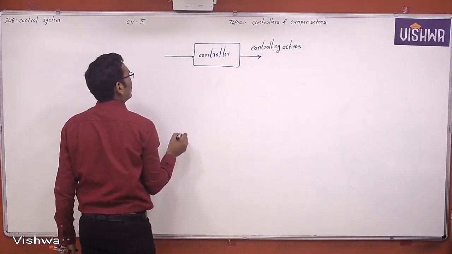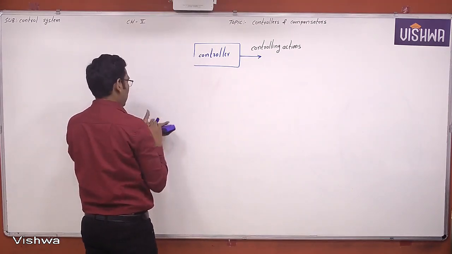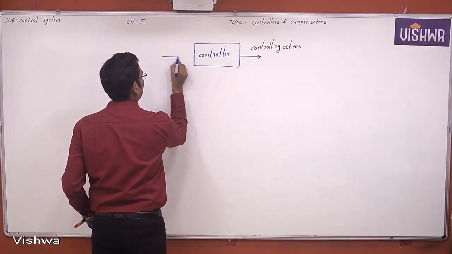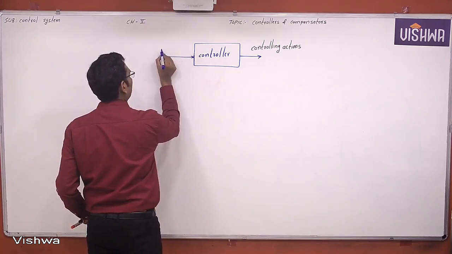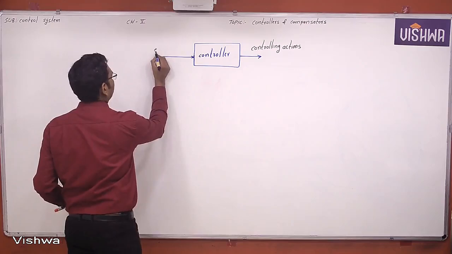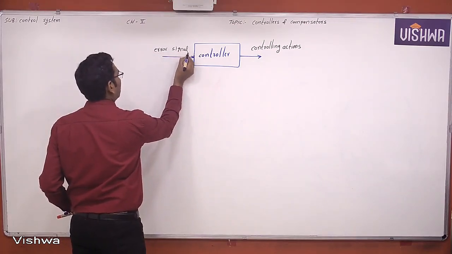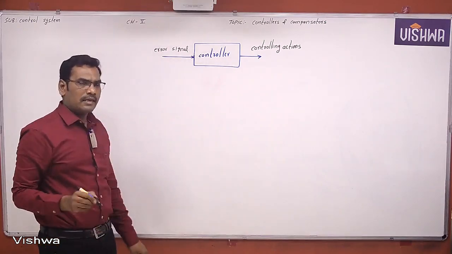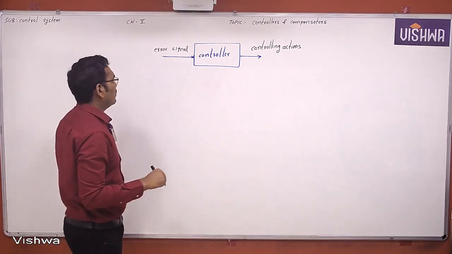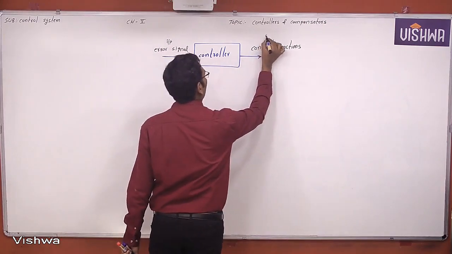What is the input to the controller? The input to the controller is an error signal, you know that. This is the controller output, the controlling action, and this is the controller input, nothing but the error signal. So this is input, this is output.